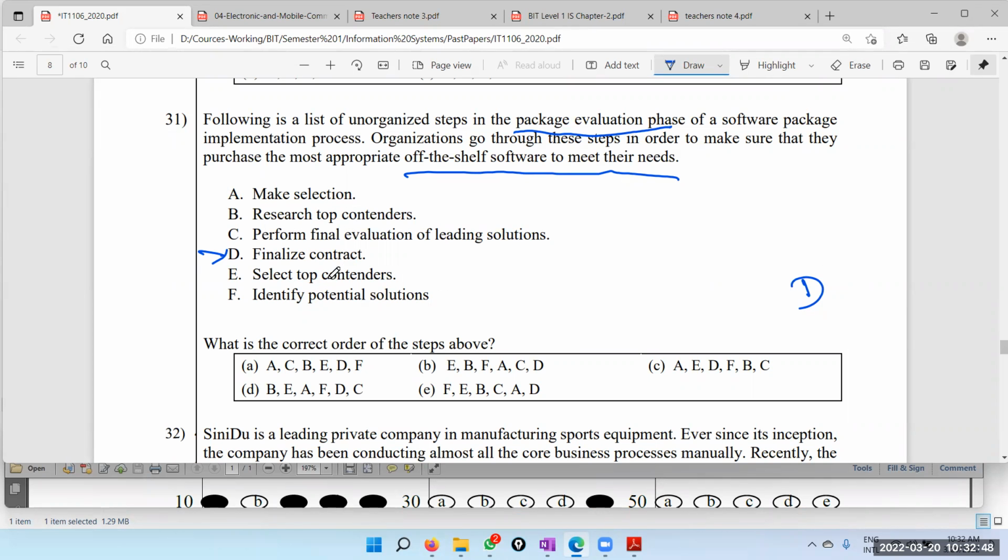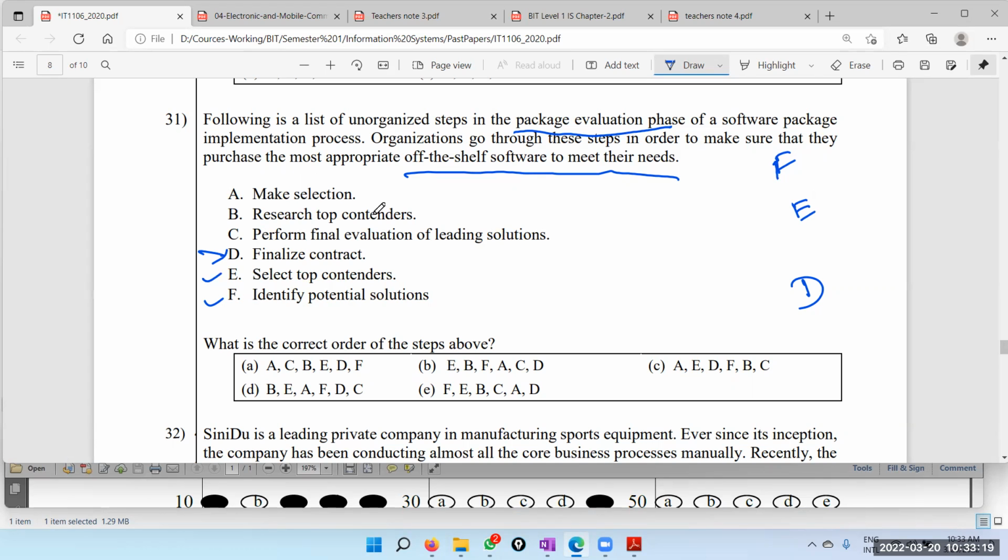Select top contenders. Identify potential solutions. Right. So I think we have to do the potential solutions first, then select top contenders. Make a selection. Select top contenders, make a selection.